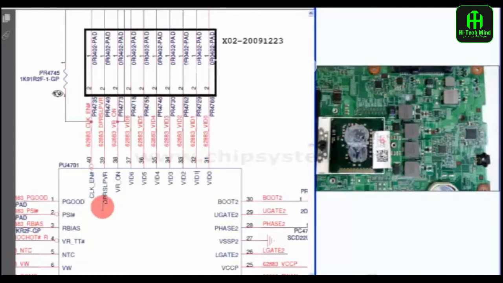If this IC is not receiving this signal, it does not generate the power good signal. So this IC is not functioning and also there is no display. Even though the CPU fan is running, display won't come.